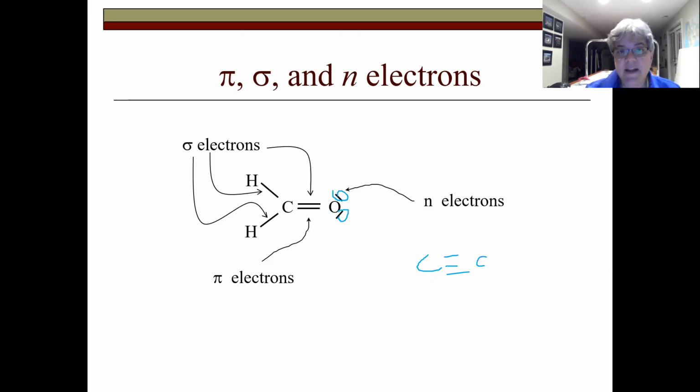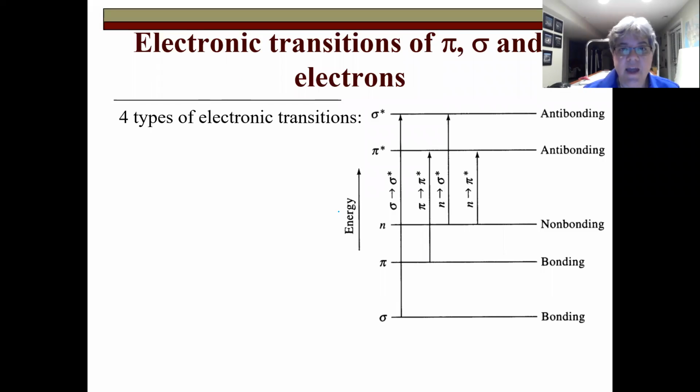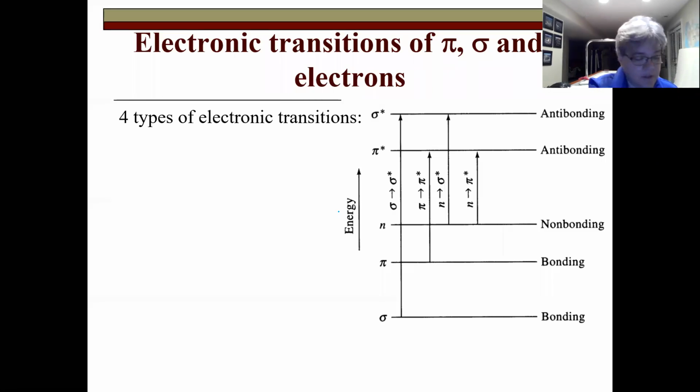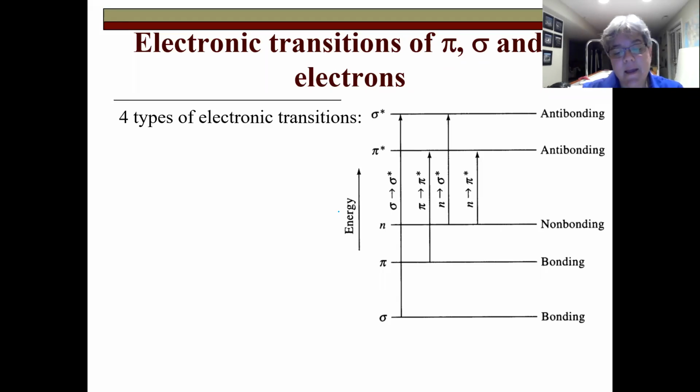So starting next time, we will start looking at these transitions of the sigma and pi and N electrons. Next time we will be finishing chapter 4. You do not have any homework this week to turn in to me, but in this class you always have homework. So your homework is to be reviewing this.